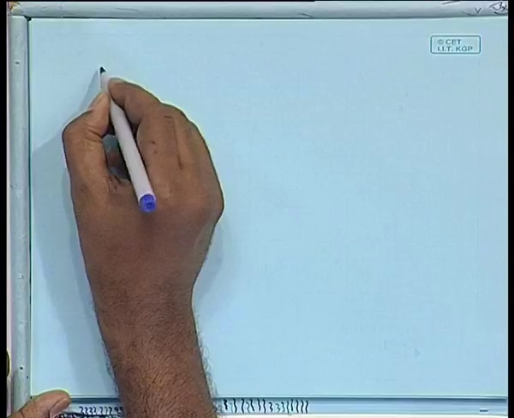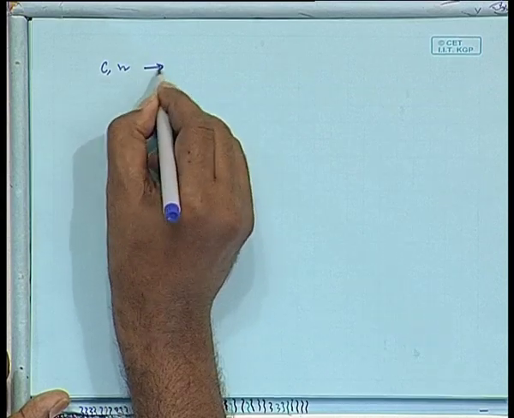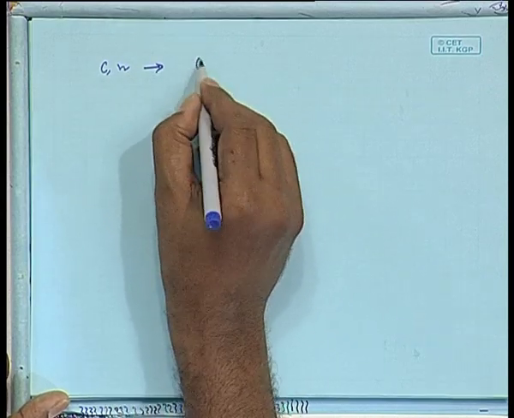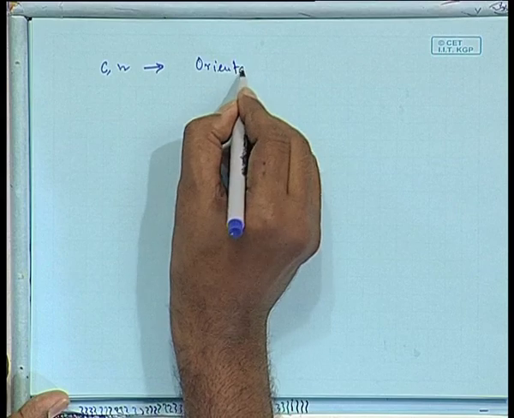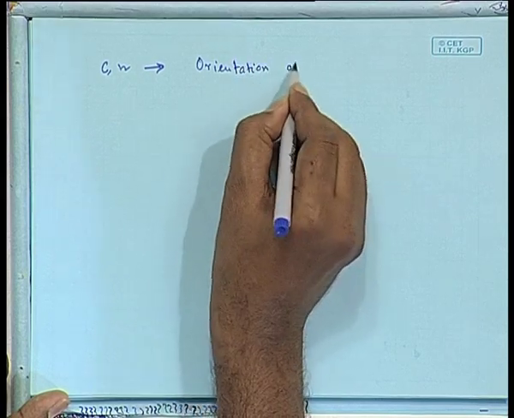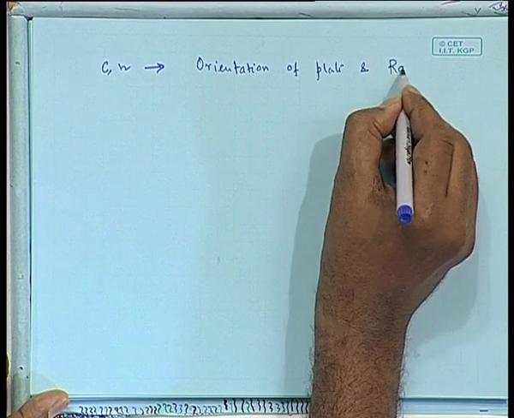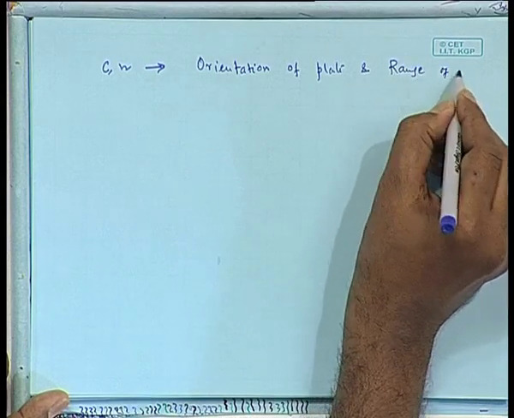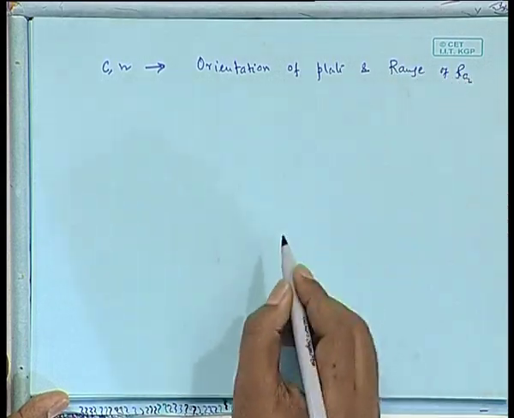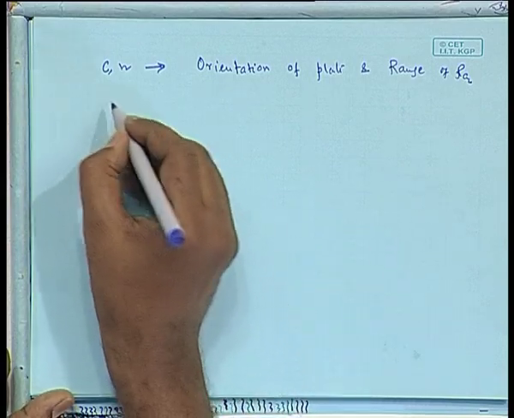Now the values of constants C and n will depend on the orientation of the plate and the range of Rayleigh number. Okay, that is the product of Grashof and Prandtl number.